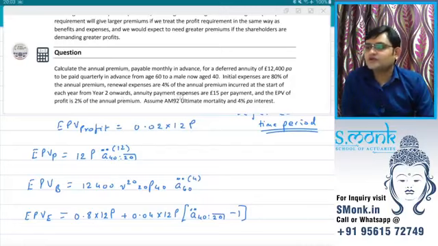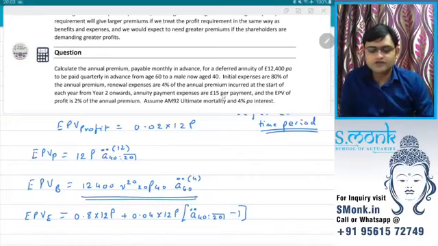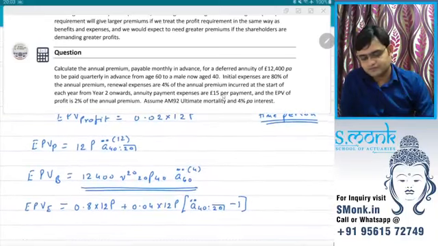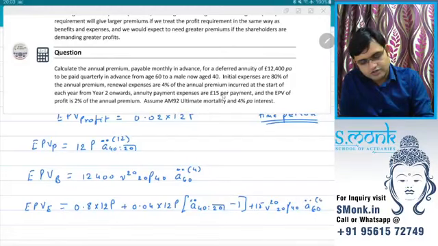Then we have an annuity payment expense of 15 per payment. Okay, so annuity payment expense would be paid whenever annuity is paid. So exactly the same way, I'll say plus 15 v raised to 20, 20p40, a due 60, payable 4 times.